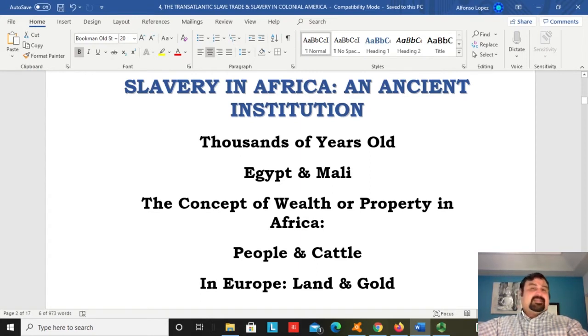And as a matter of fact, according to some archaeologists, although there's of course dispute and debate, some of the greatest civilizations of the continent of Africa were actually built by the use of slave labor. For example, Egypt, the civilization known as Egypt, located in the northeastern section of Africa.